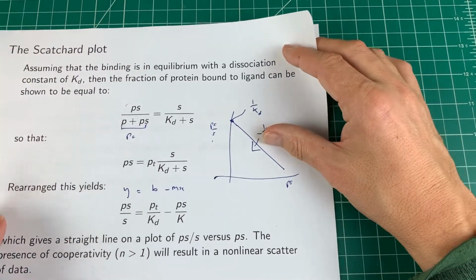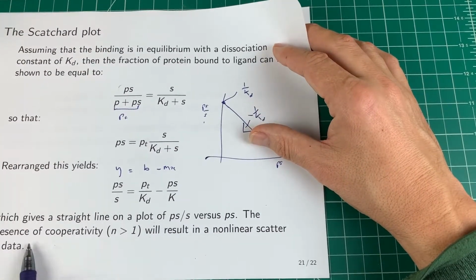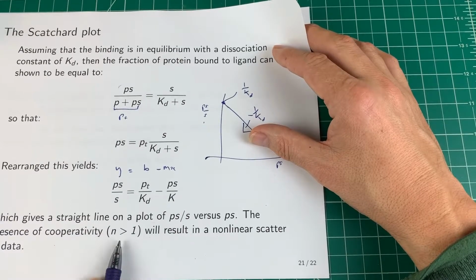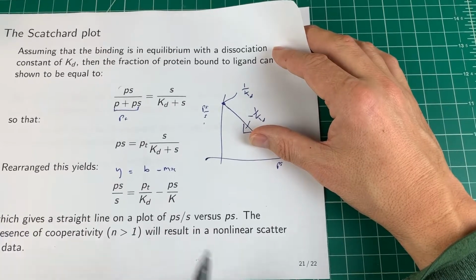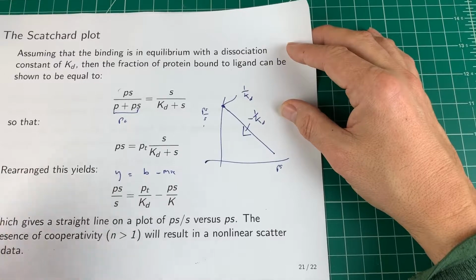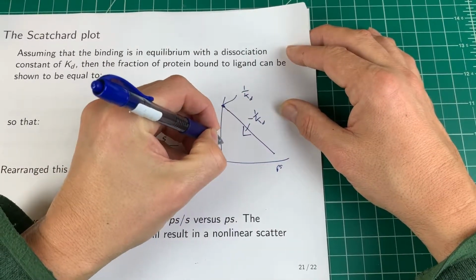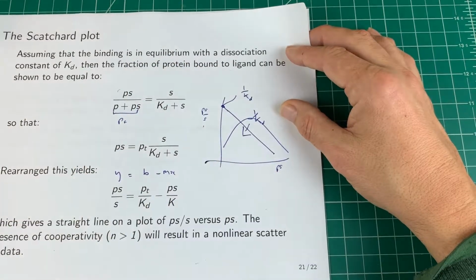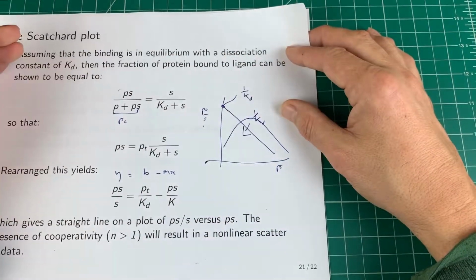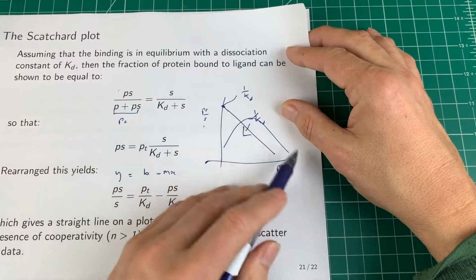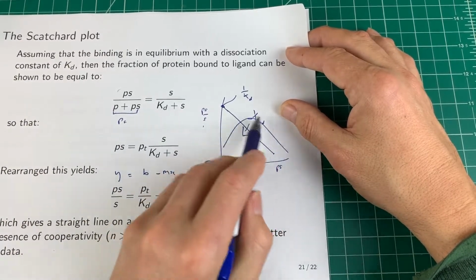Now, if there's any sigmoidicity, in other words n is greater than 1, the result is a non-linear Scatchard plot. If it's an S-shaped curve, you'll actually get something that looks like that. It's sort of an inverted parabola. I don't know if it is a parabola, but it's an inverted curve like that.